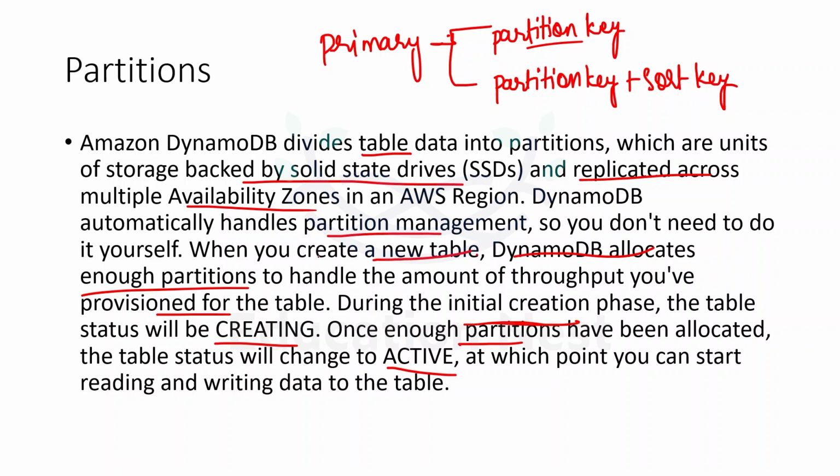We have to choose the partition key, and the partition key decides to which partition that particular row would go. On this partition key, a hashing algorithm is applied, and accordingly our data is distributed.